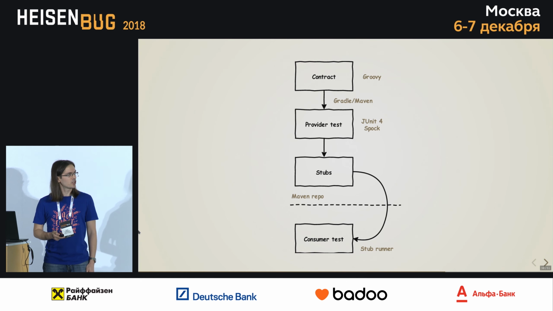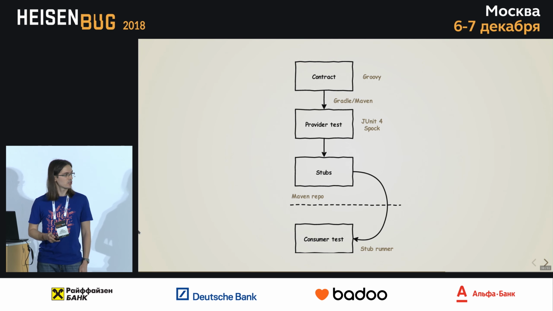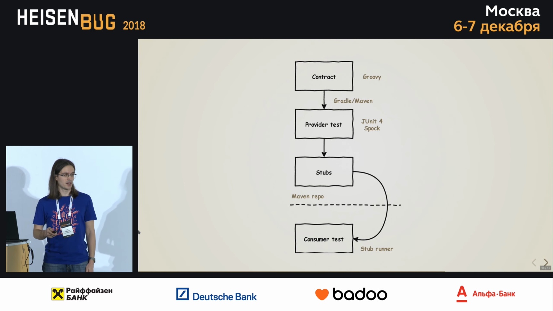And those tests need to be in JUnit 4 or Spock. They currently don't support other frameworks, so if you like JUnit 5, sorry, you have to open a pull request to Spring Cloud Contract. Also, if you are a Scala guy and you like ScalaTest, sorry, no support for now.